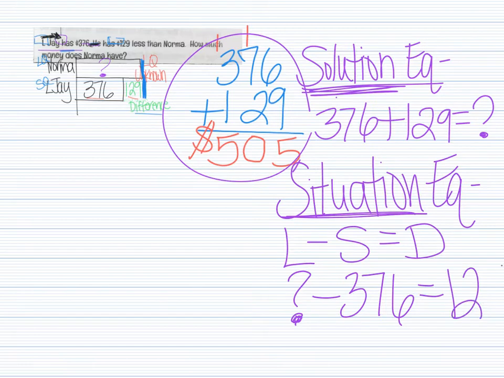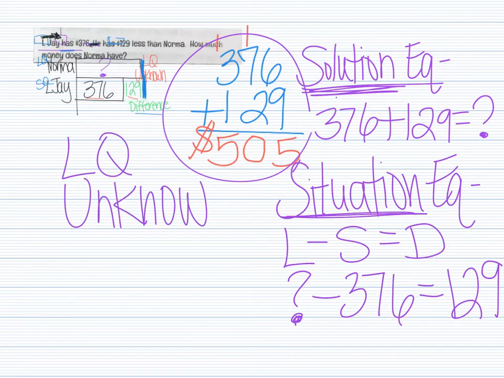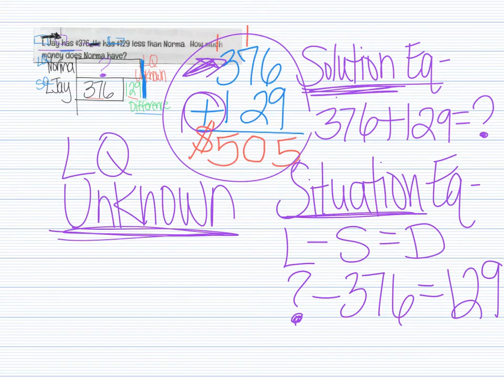Good, 129. So my solution equation and my situation equation were absolutely different this time because I was looking for the larger quantity unknown. And in order for me to find the larger quantity unknown, I had to add the smaller and the difference together to find the larger quantity.